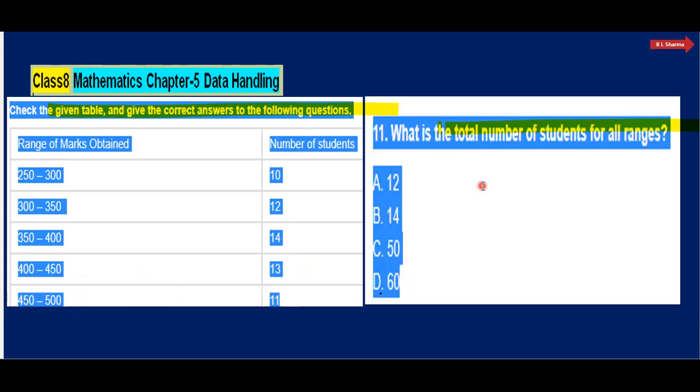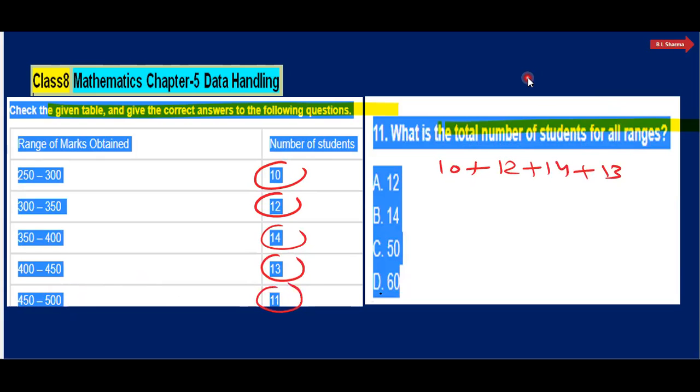And now we will try to give the answer to this question. What is the total number of students for all the ranges? When you add these numbers, that is 10 plus 12 students plus 14 students plus 13 students and then 11 students.